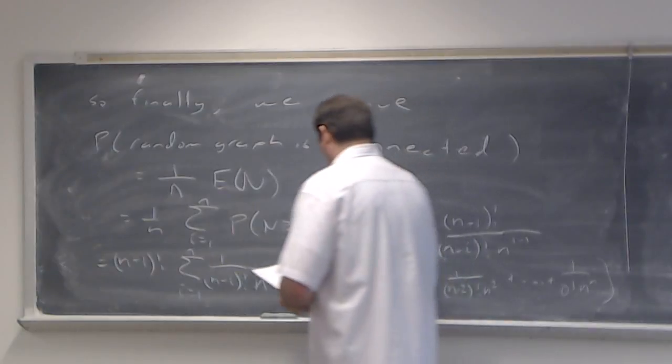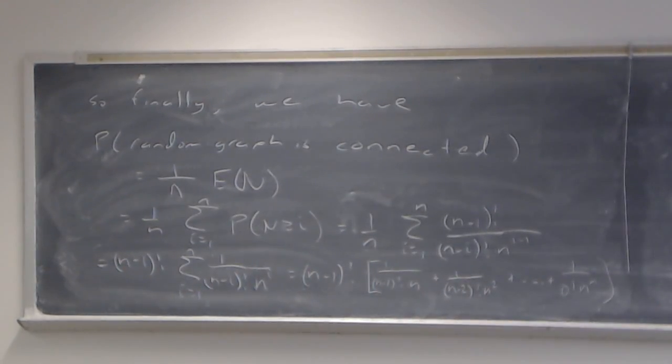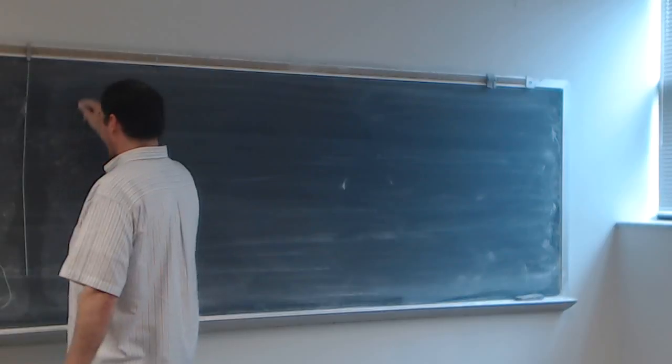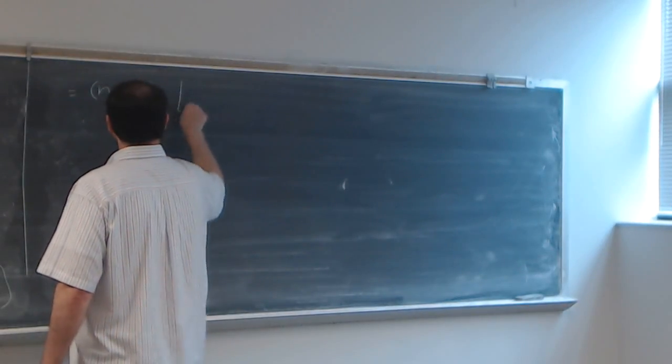And now let's rewrite those terms in reverse order, since it's a finite sum, we can change the order. And that's equal to n minus 1 factorial.